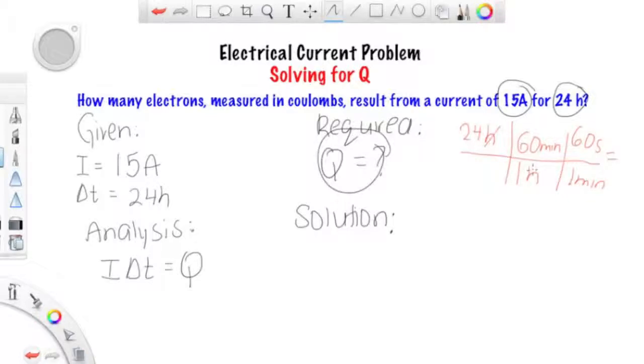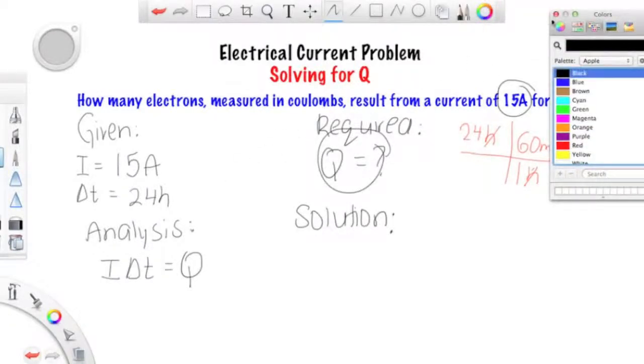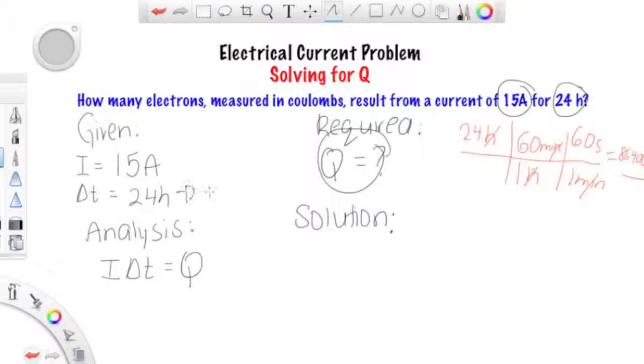So we'll cross out our hours, cross out our minutes, and we should be left with seconds. If you put this into your calculator, you would multiply 24 by 60 once more, and your answer should be 86,400 seconds. So I'll put that right over here just to remind myself that that is the conversion in seconds, 86,400. Perfect. Now it's time to move on to our solution because we have converted everything into what we need it to be converted into.